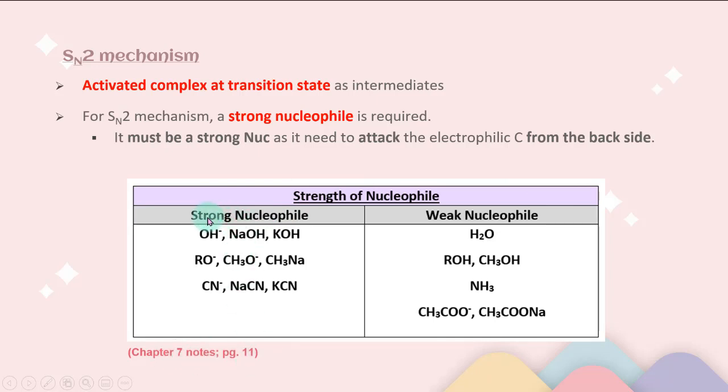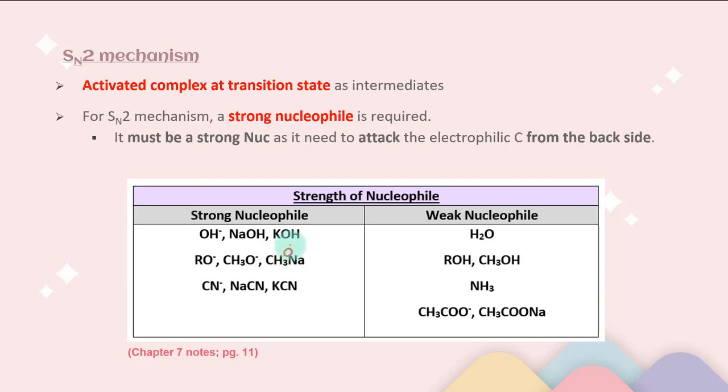So examples of strong nucleophiles: you can see OH minus, which dissociates maybe from sodium hydroxide or potassium hydroxide. Or maybe you have an alkoxide ion, for example CH3O minus, your methoxide ion, or ethoxide ion. And for this one, it's a typing error, yes. This is CH3ONa.